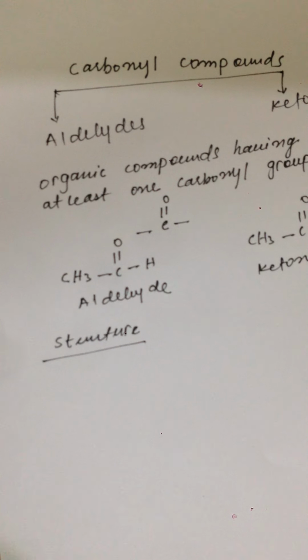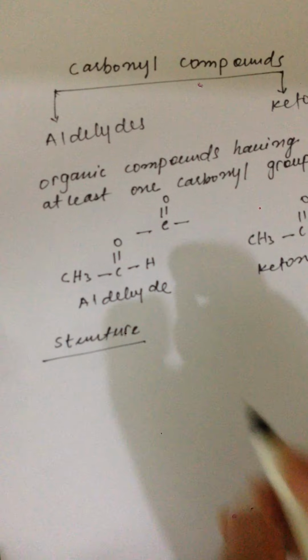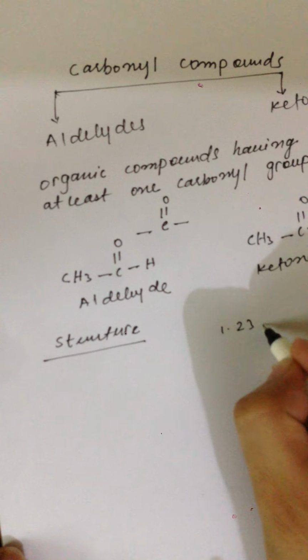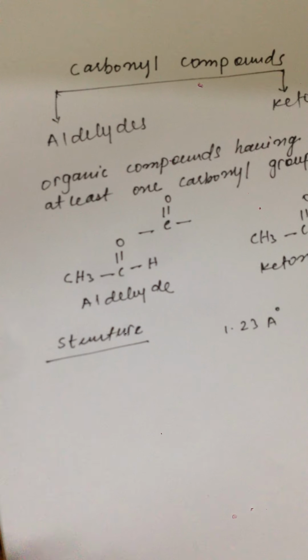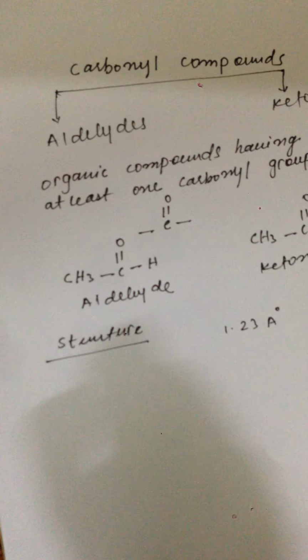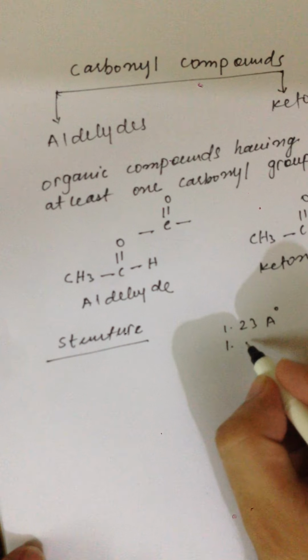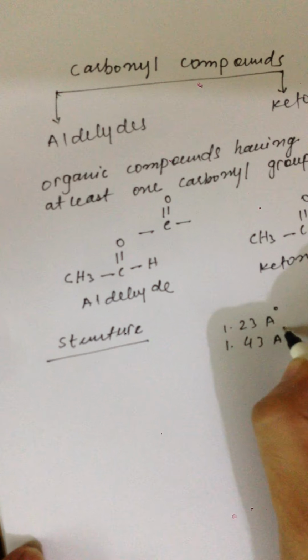The carbon-oxygen bond distance is 1.23 angstrom, and the carbon-oxygen bond distance in alcohols and ethers is 1.43 angstrom.